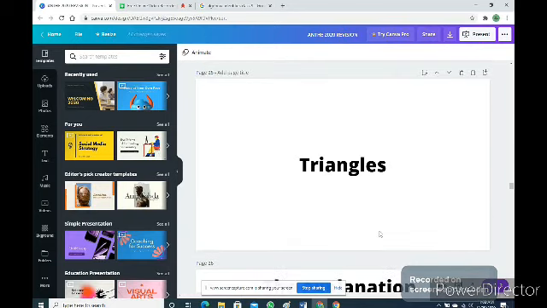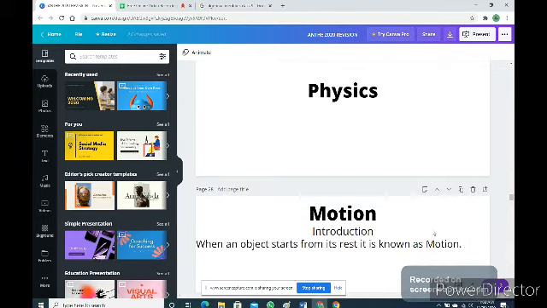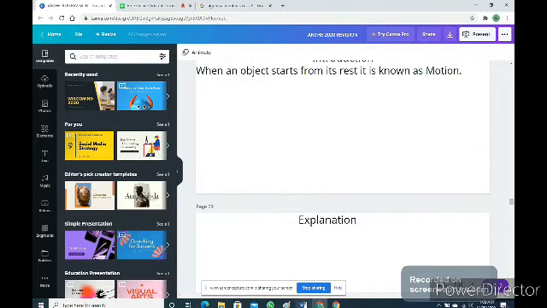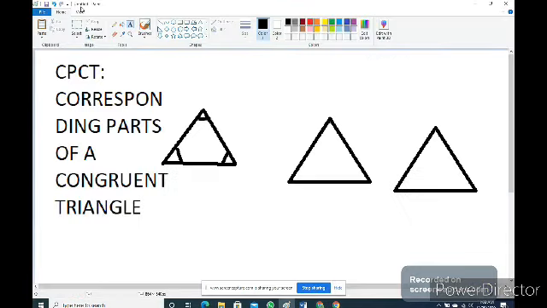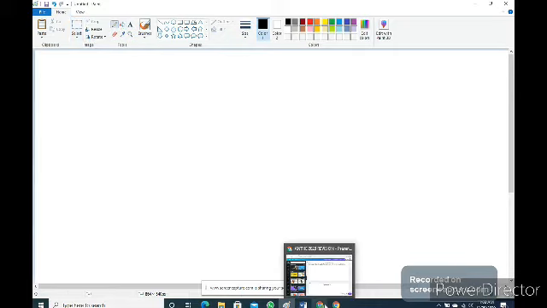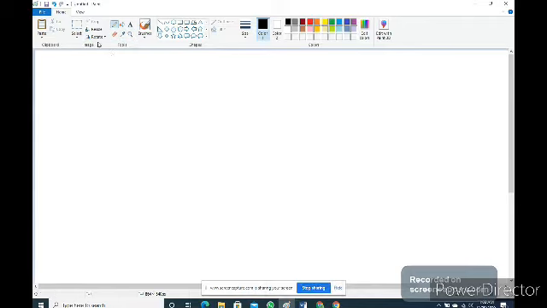In order to know motion, what do we mean by motion? Motion is something when an object is not at rest. When an object starts moving from its origin, it is in motion, and when an object does not move, it is at rest.